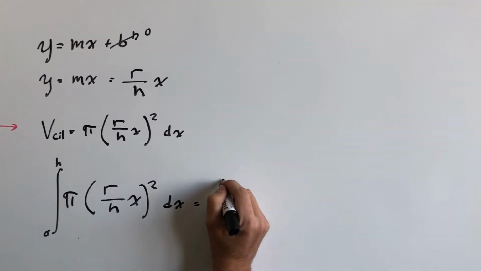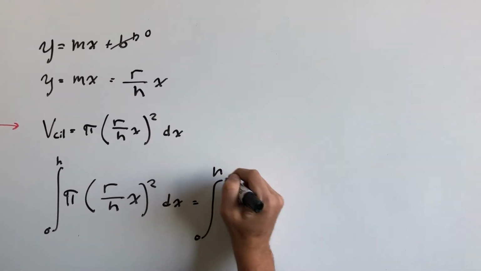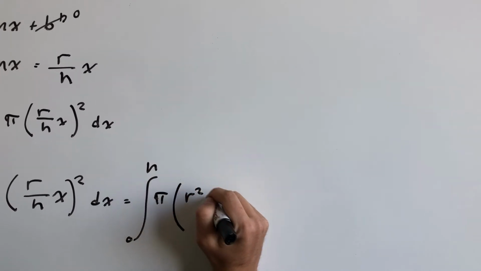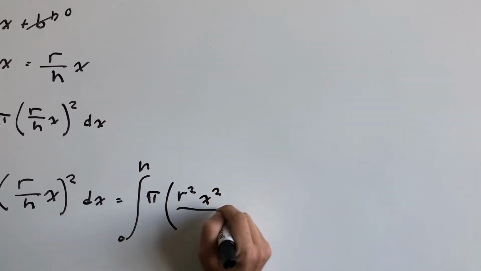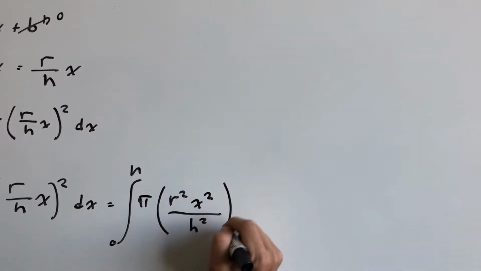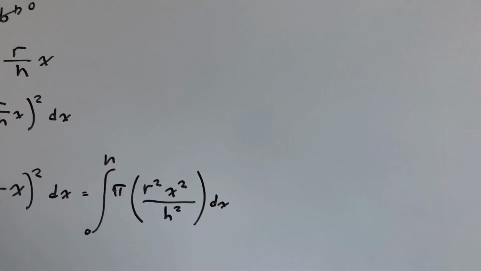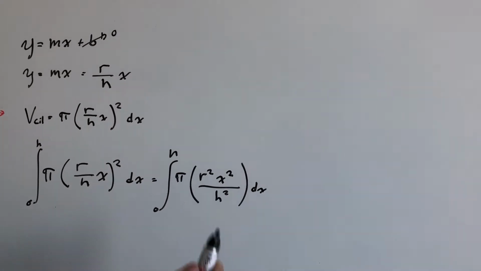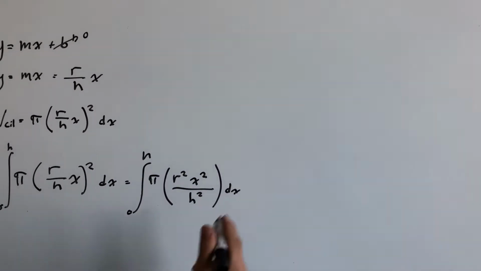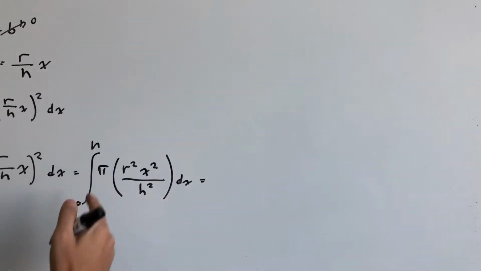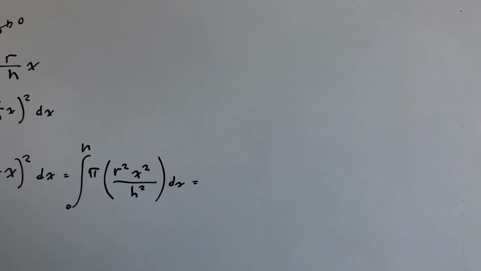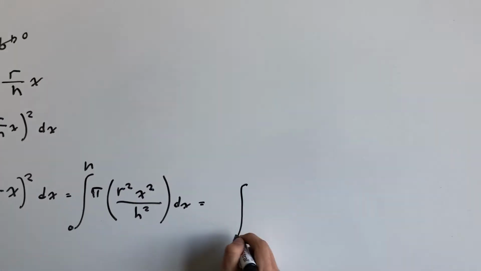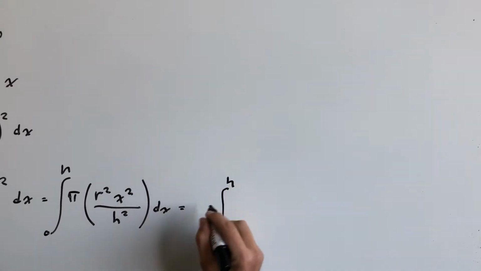So it will be the integral from 0 to h of pi times r squared x squared over h squared times dx. So as we are integrating with respect to x, all the variables that are not x can be treated as constants. Therefore, they can exit the integral to the left.